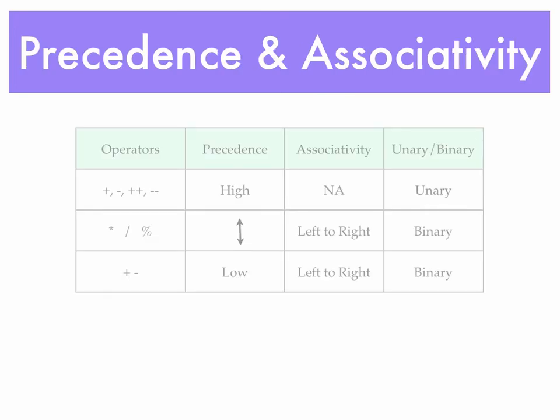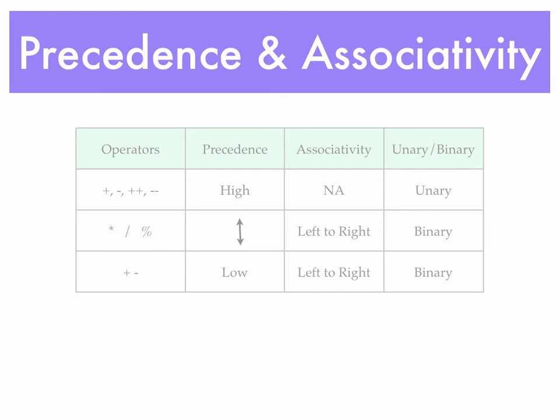Now, I of course have precedence and associativity, and Java follows the rules of all mathematics. Now, we'll see at the highest level of precedence, we have the unary operators of the plus, minus, increment, and decrement. They are unary operators. I then have multiplication, division, and modulus.